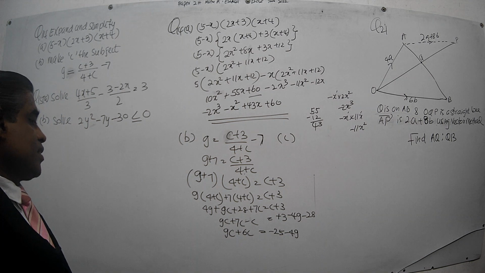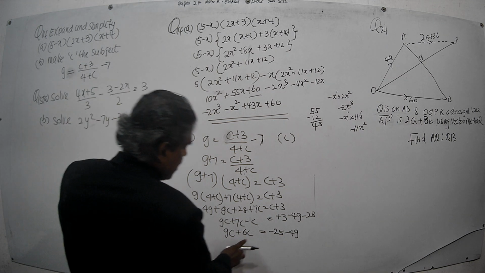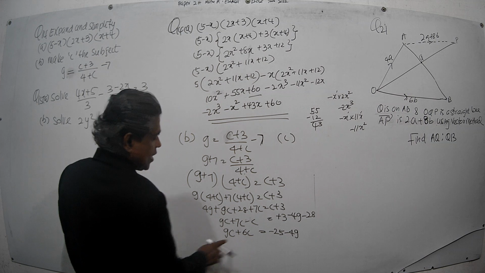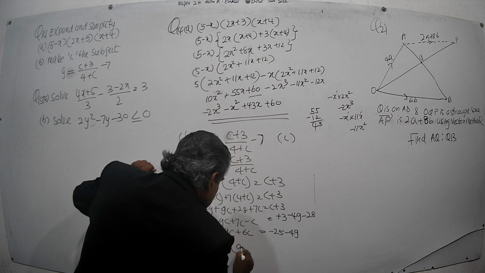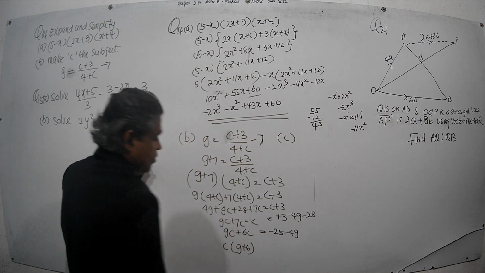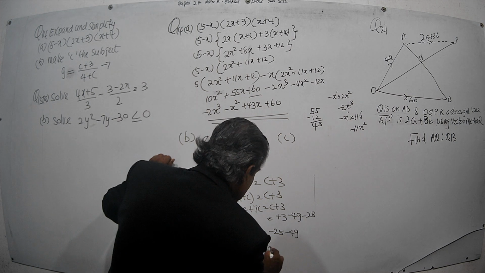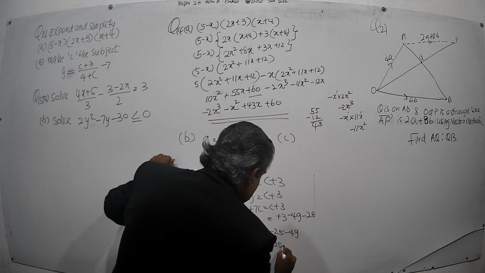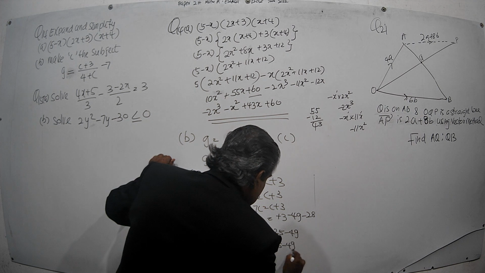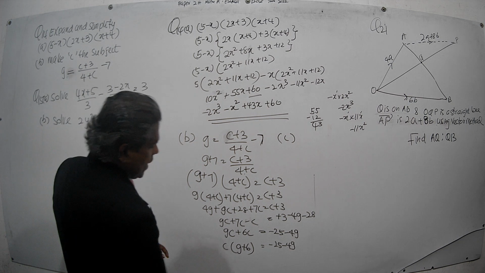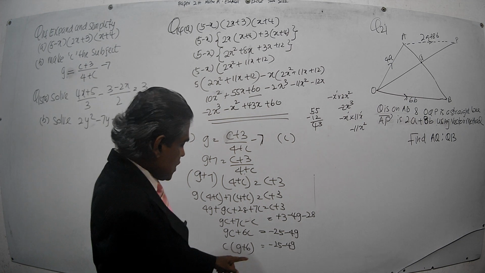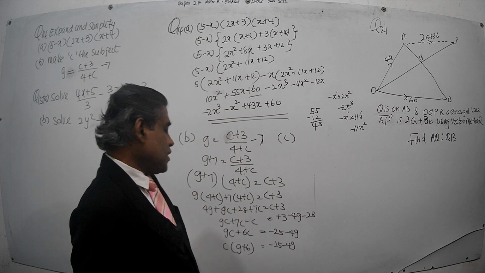Okay. Now here, common factor C, take it out. Then it will be C times (G plus 6) equals minus 25 minus 4G. Okay. Then to make C the subject, you take this G plus 6 to the other side.